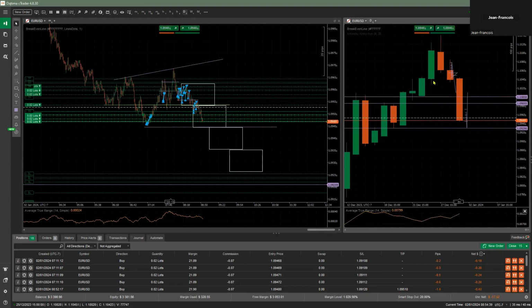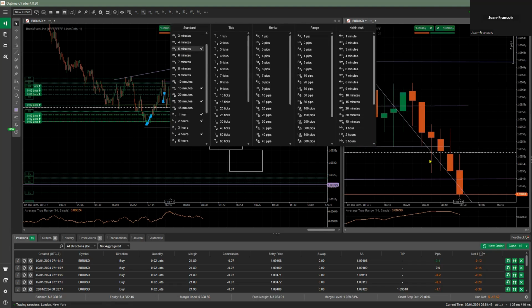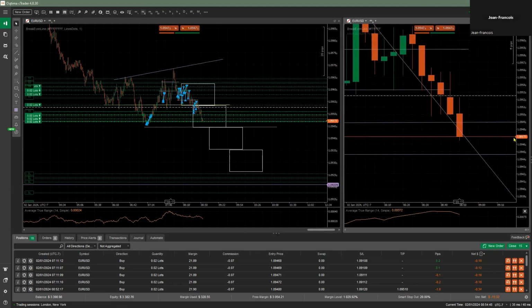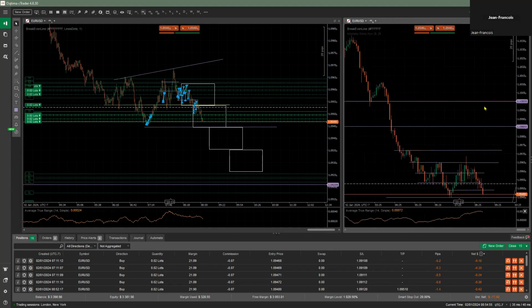Right? So it would make sense to expect something out of this. And again, it's just a probability, right? Anything can truly happen. Right? That's nothing. There we go.